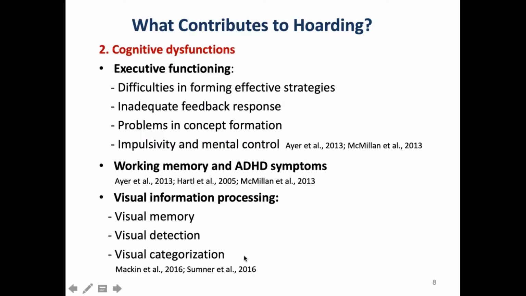And the other very newly identified issue is visual information processing. The research has found that individuals who have hoarding disorder seem to have ways or styles of looking at things that may be a little different from people who do not have this challenge.